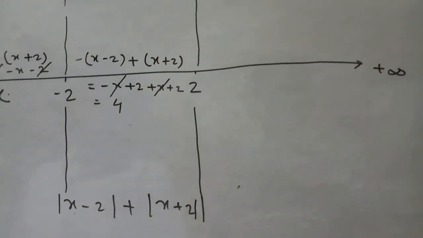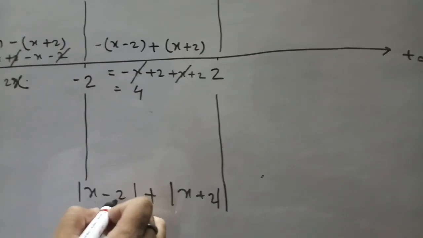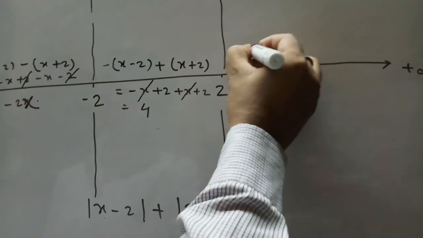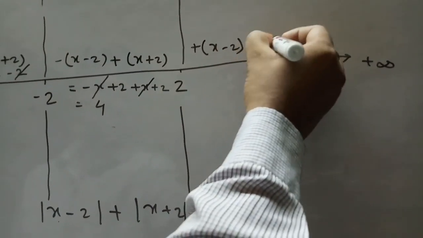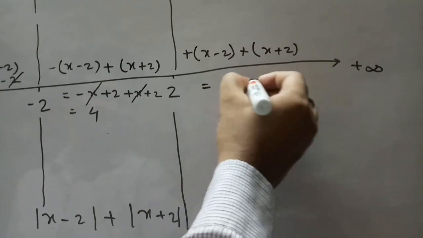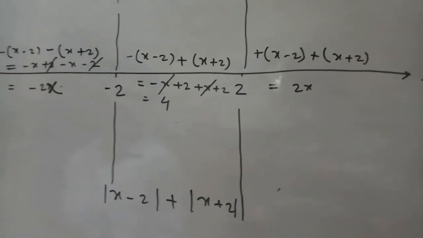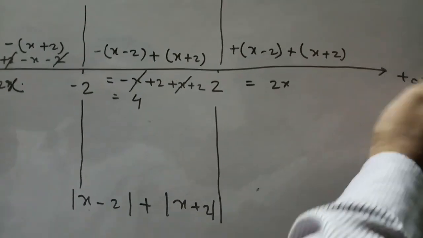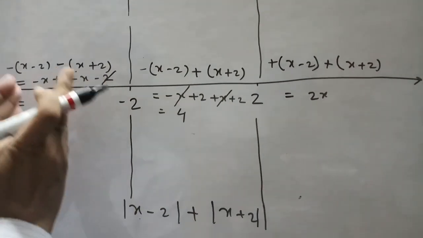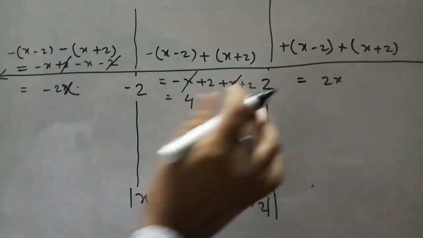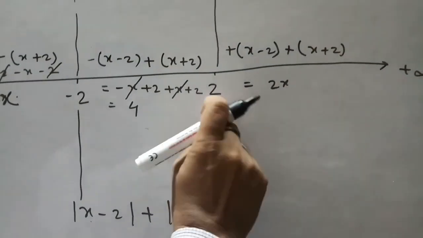Take 3. Then 3 minus 2 is 1, which is positive, so this will be plus of x minus 2, and x plus 2 is also positive, so plus of x plus 2, which gives 2x. So the modulus function is completely defined on the number line from minus infinity to infinity in 3 intervals: minus 2x from minus infinity to minus 2, 4 from minus 2 to 2, and 2x from 2 to infinity.